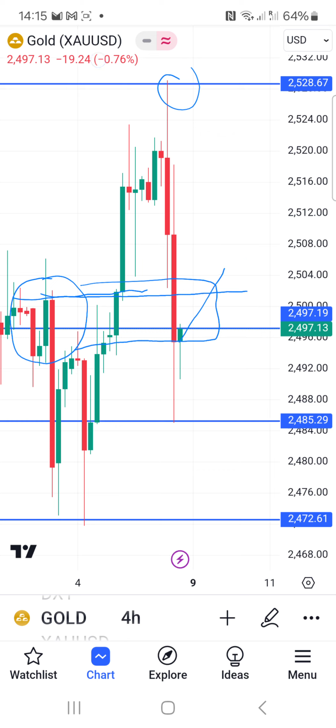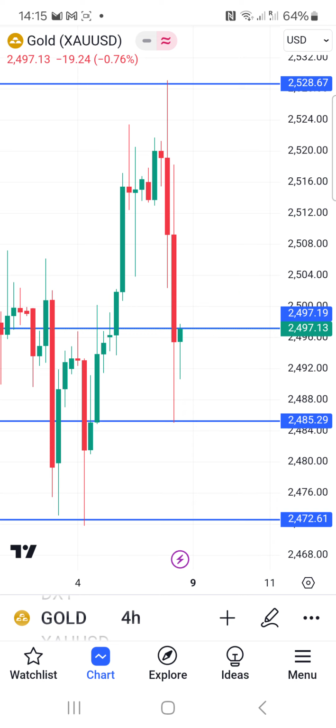Another scenario which is possible is that the price can move higher. If the volume is there and volatility is there, the price can just move up to this area. And then it can either continue to move or it may not.